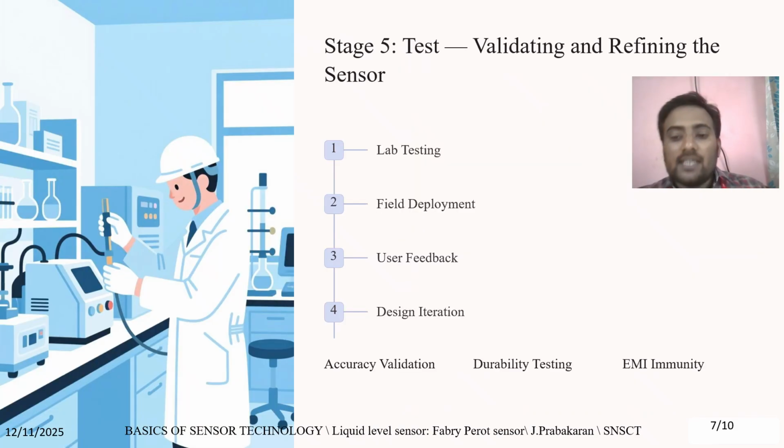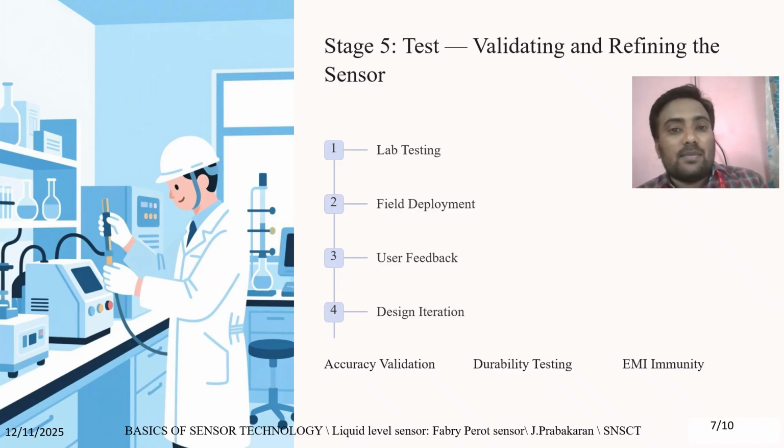The final stage of design thinking is test. Here we have to validate the design and identify areas for improvement. Testing includes several steps. First, laboratory testing, where we measure accuracy, repeatability, and response time.